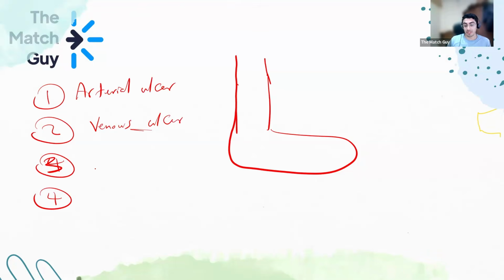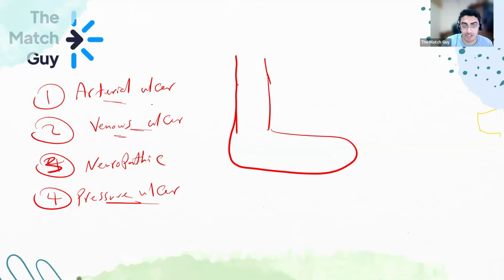In patient with diabetes mellitus, for example, neuropathic ulcer. Or pressure ulcer. So how can we differentiate between these based on the location in the feet?